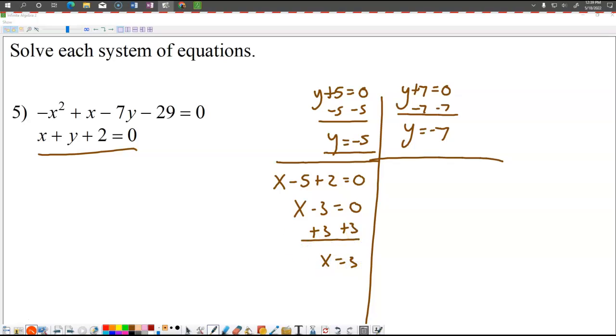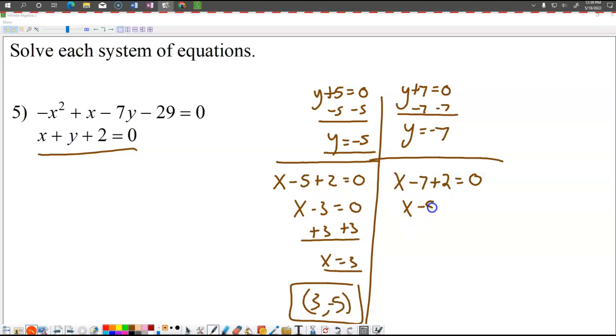So one of my answers is the pair, let me write it over here, 3 for the x and -5 for the y. Okay, now my other pair over here, we're going to do the same thing with the 7. So we're going to have for that one 5 for the x and -7 for the y.